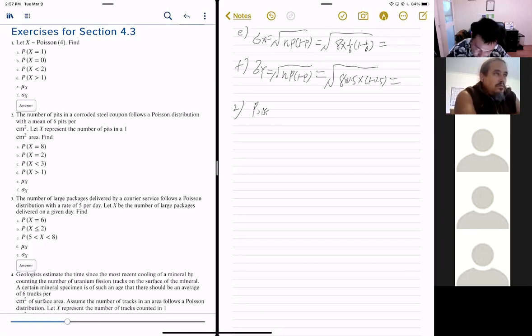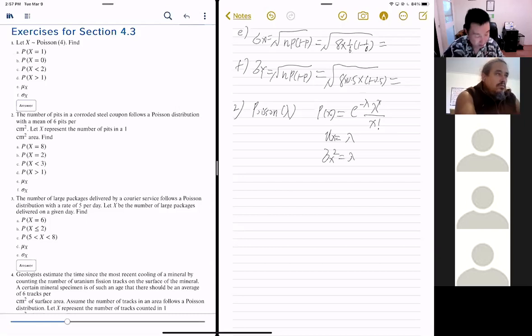For a Poisson distribution, it has only one parameter, which is lambda. So let's write down the P(x) equals lambda to the power of x over x factorial. The mean value is lambda, and the variance is also lambda.